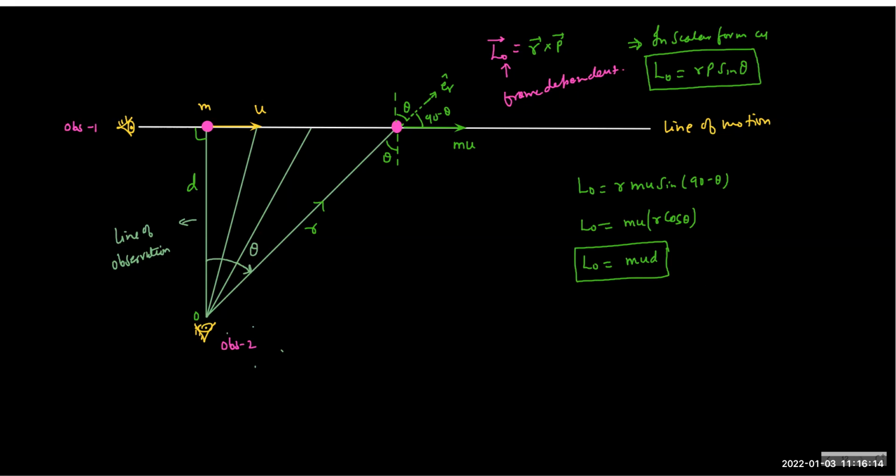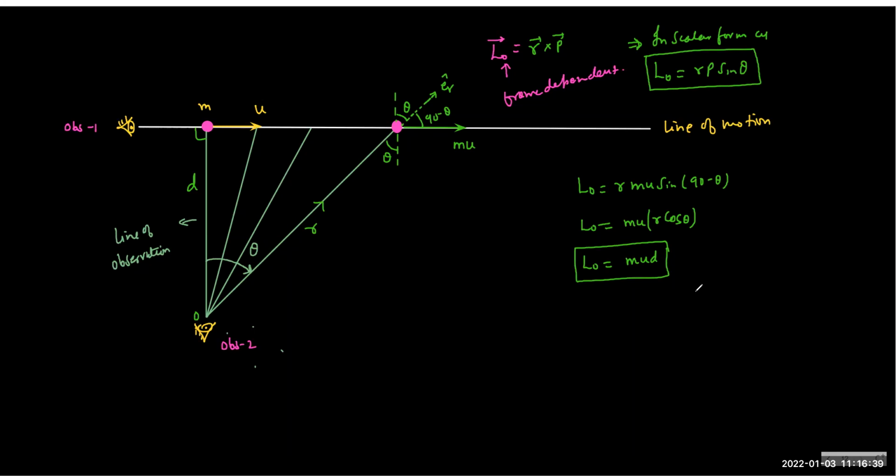It means the angular momentum of any particle performing translation is given by the product of momentum and the perpendicular separation between the momentum vector and the point of observation.